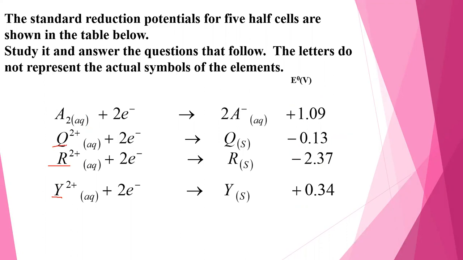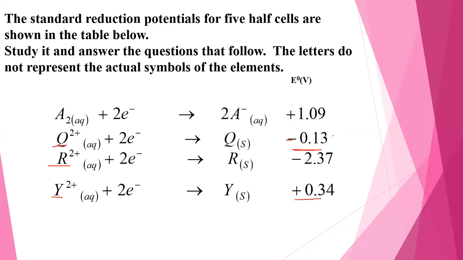If you ask such a question, you first identify, if you draw the electrochemical cell, which one will undergo oxidation and which one will undergo reduction. We said the negative ones are reducing agents, so they are oxidized.